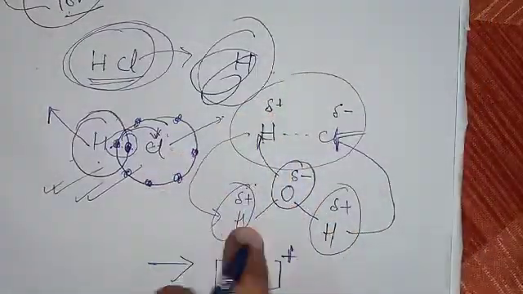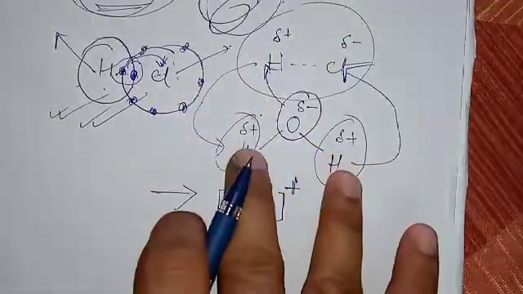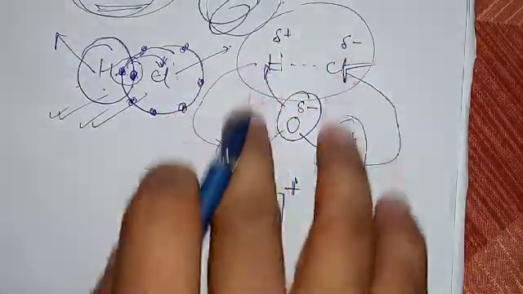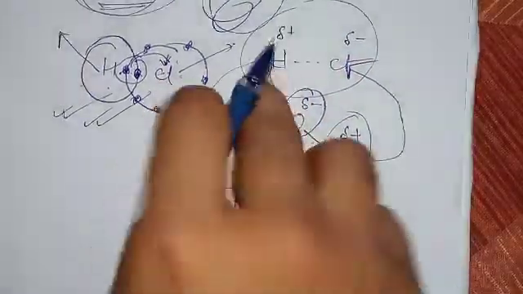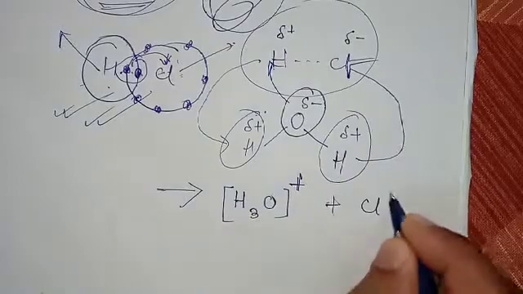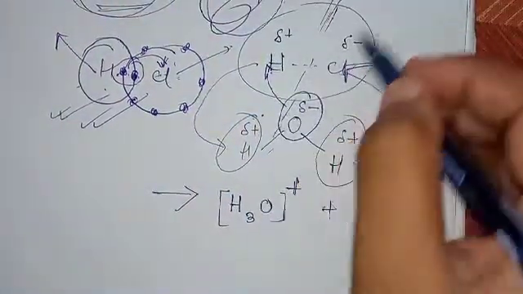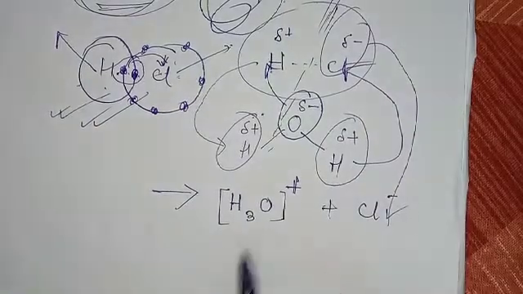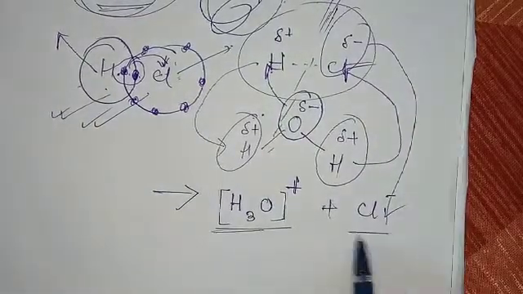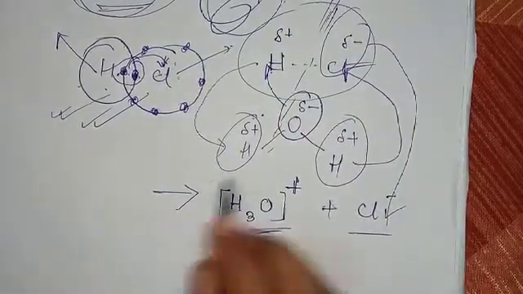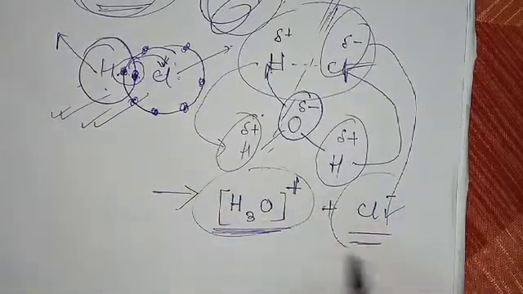It will get one hydrogen atom more, and hence it will acquire a positive charge because of the excess proton, H3O plus, and you will get the Cl minus due to the breaking of the covalent bond. Now you can see that you have a pair of ions, a cation, the hydronium ion, and the anion, the chloride ion.